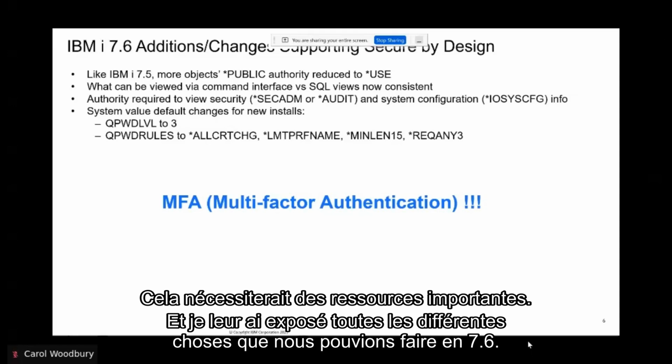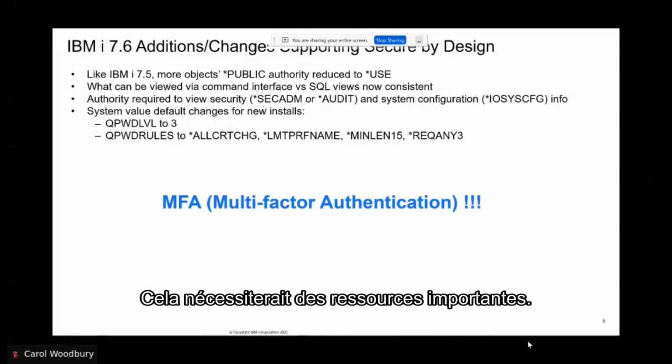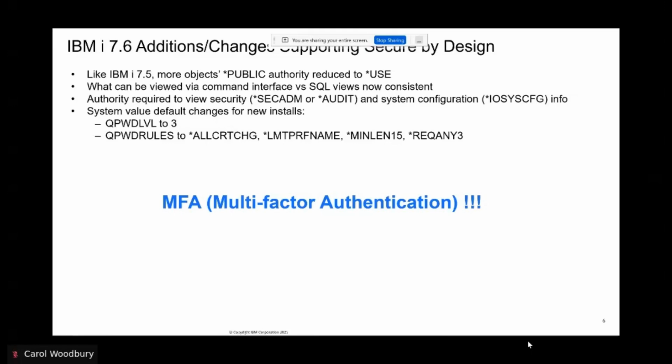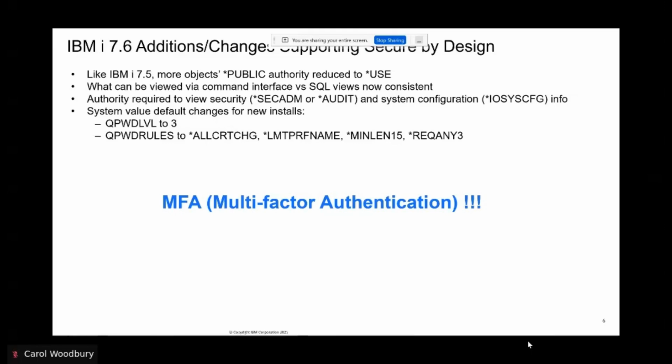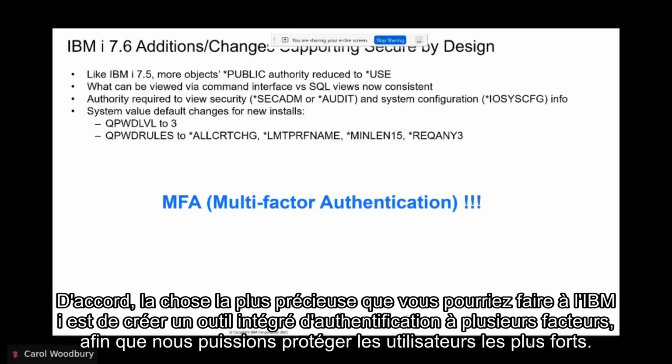And of all of those things, every single one of those user groups said the most valuable, especially in these countries and industries where security is preeminent, okay, the most valuable thing you could do to IBM is to create an integrated multi-factor authentication tool so that we could protect the strongest users.